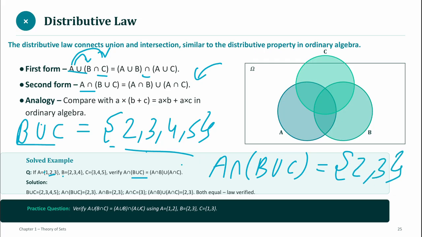Now let us solve this part. When I'm doing A intersection B, what am I getting? 2 and 3, right? When I'm doing A intersection C, what am I getting? Only 3, right?